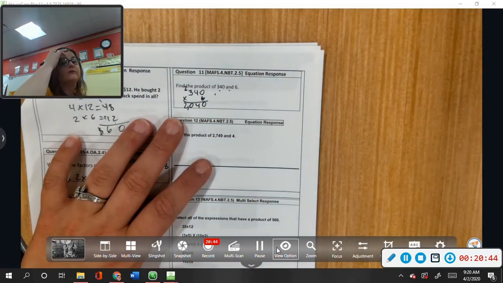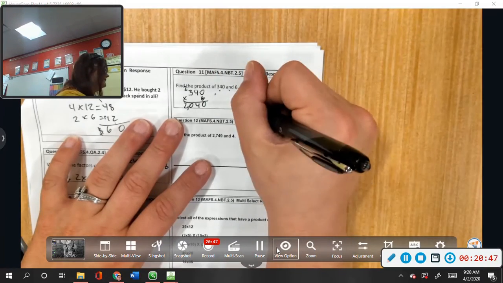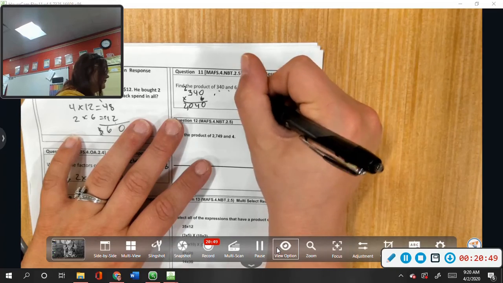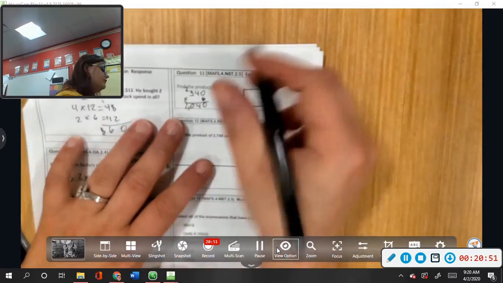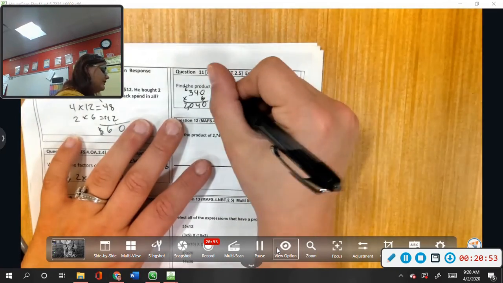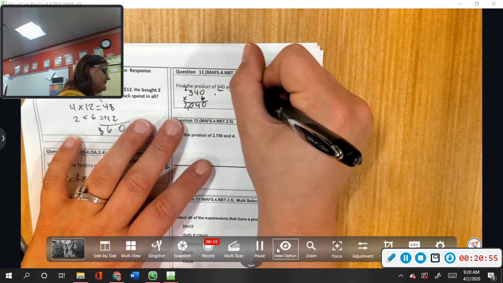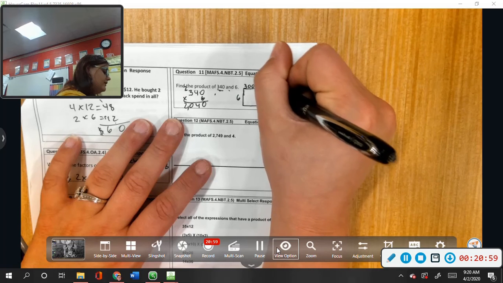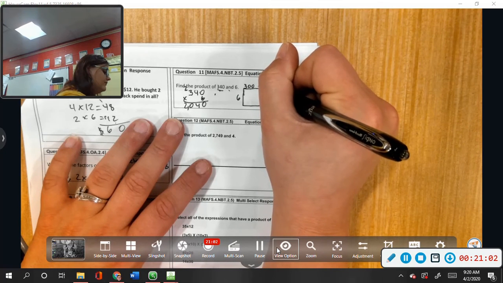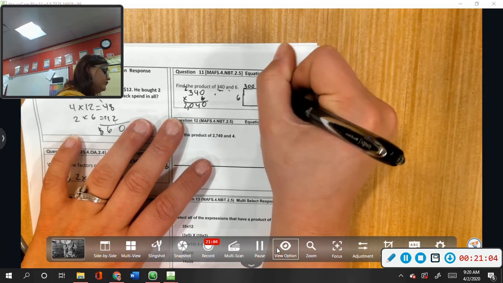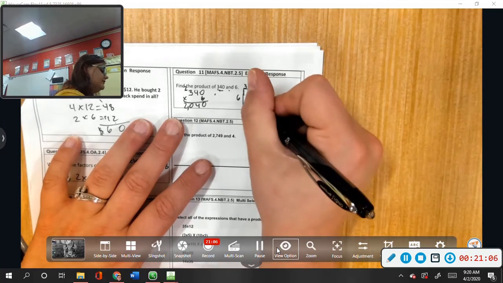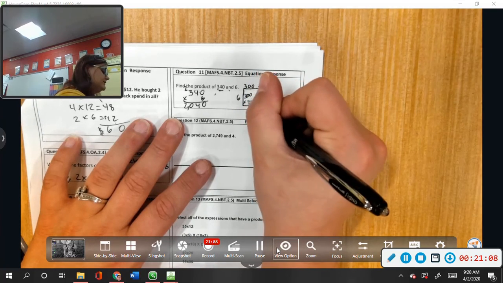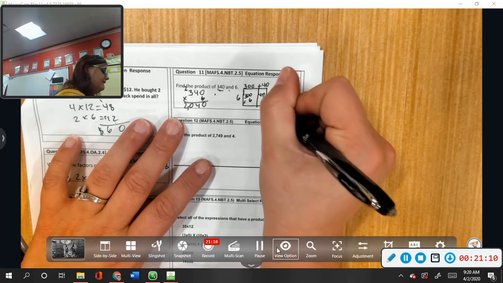Or you can make an area model. We're going to break 340 up into expanded form, 300 plus 40. So we have 300 times 6 and 40 times 6.